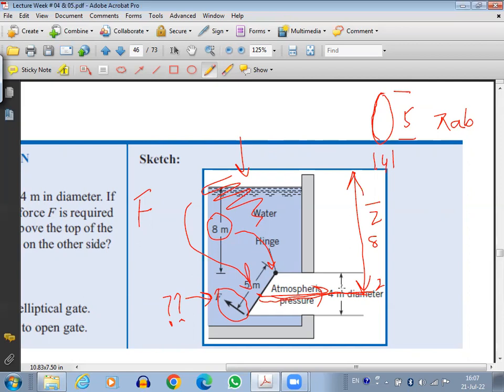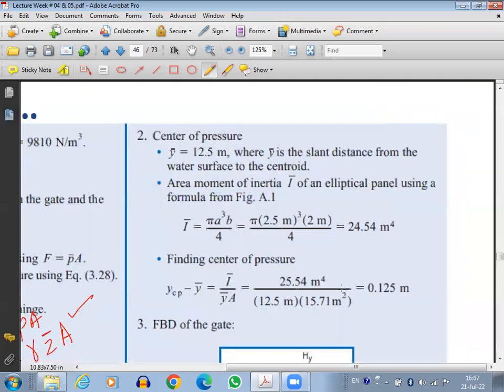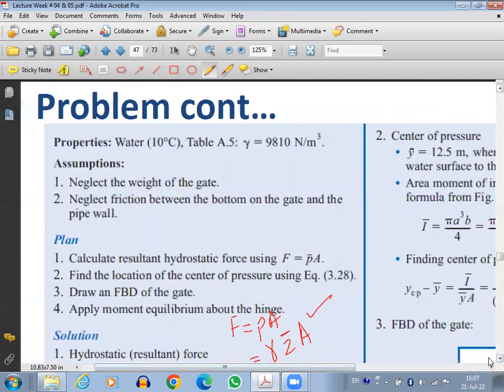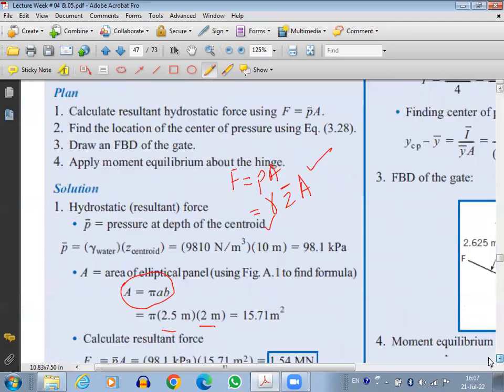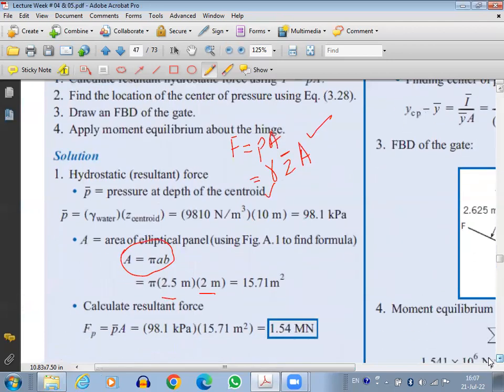In this, basically when you are finding out the pressure, okay, we are using gamma H. This H is the vertical height. Okay. So here, you see, pressure into area, pressure will be 9810 multiplied by 10.